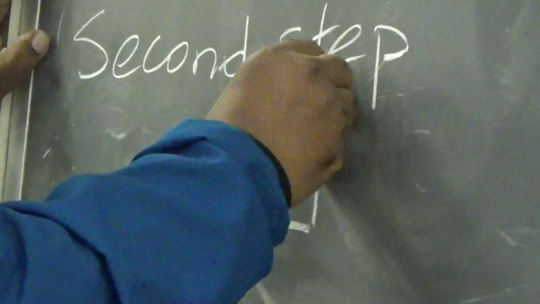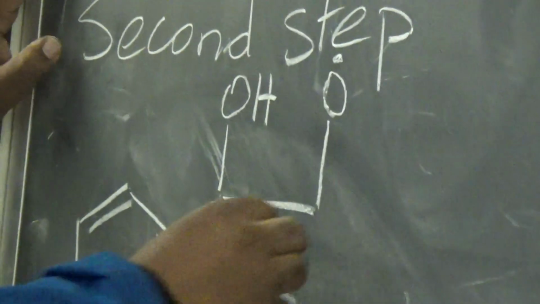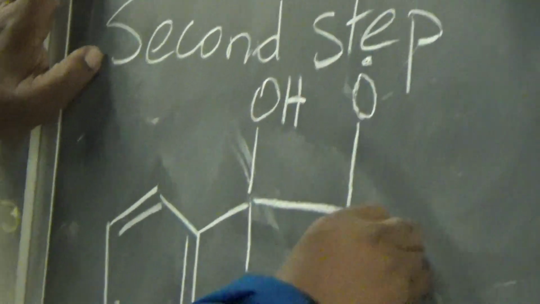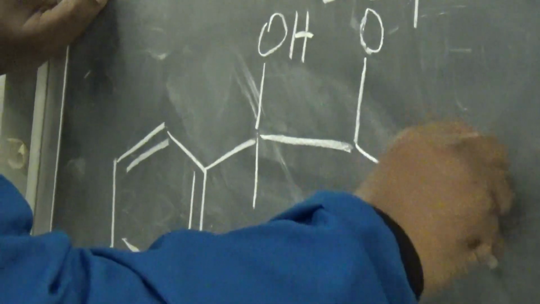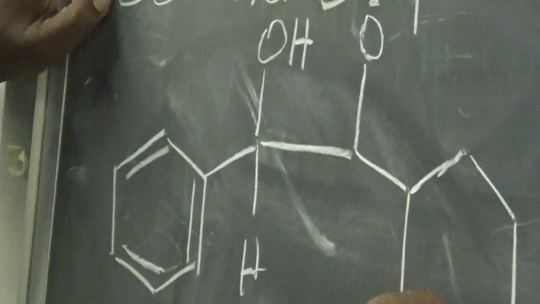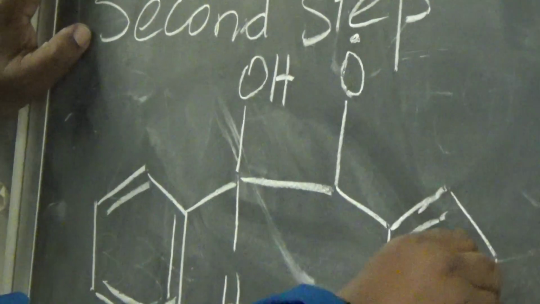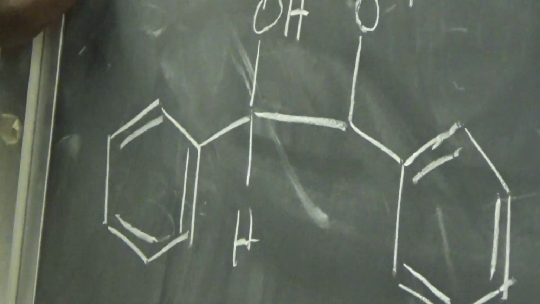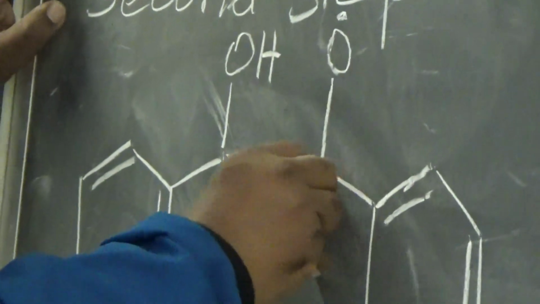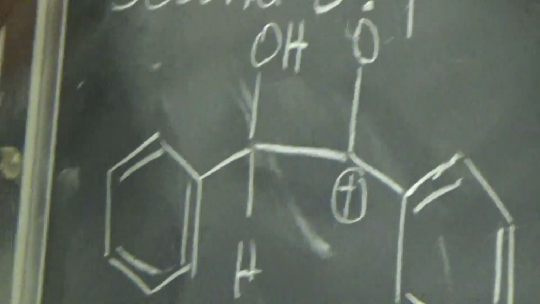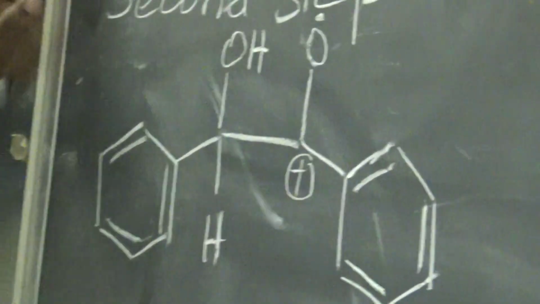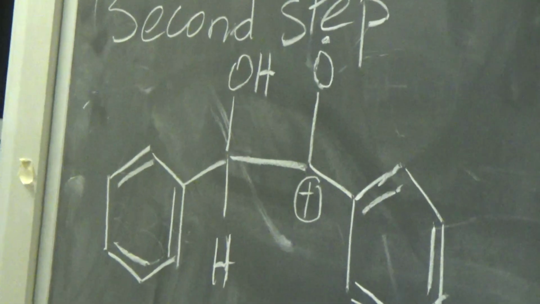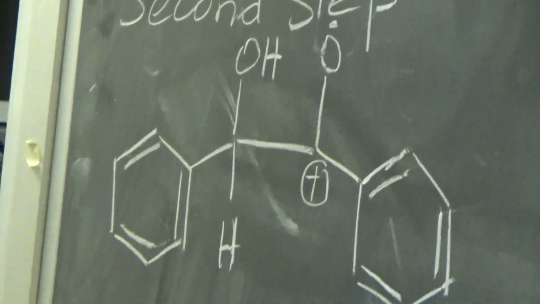You have the radical and the cation. You know that you have cupric acetate, copper 2 acetate.